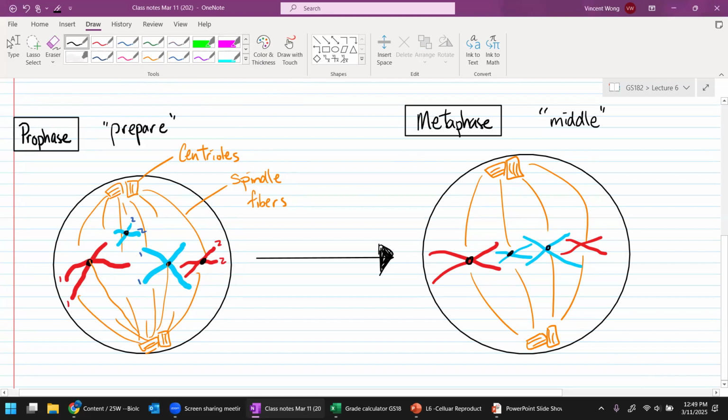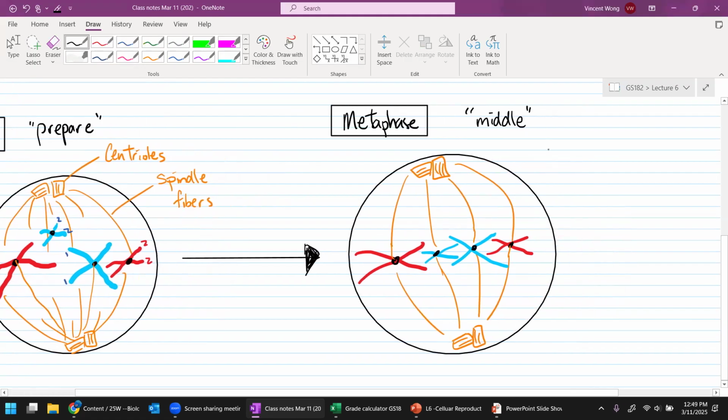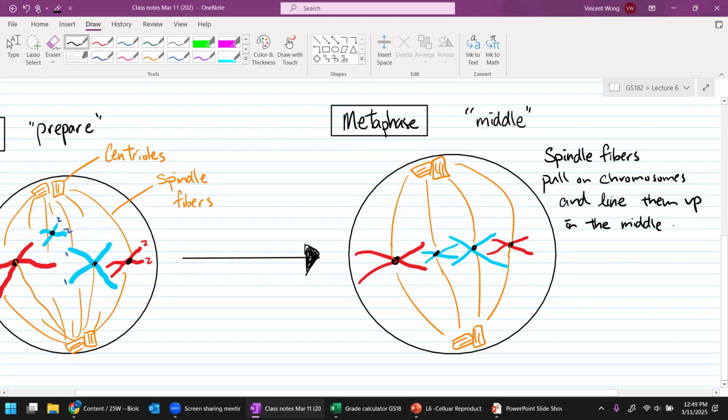And then we have the centromere here. So that's pretty self-explanatory.